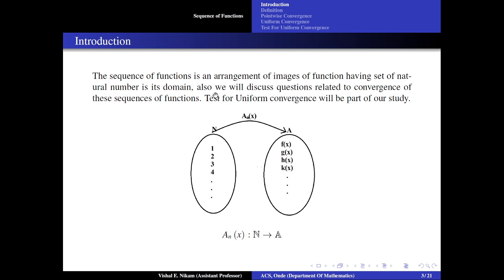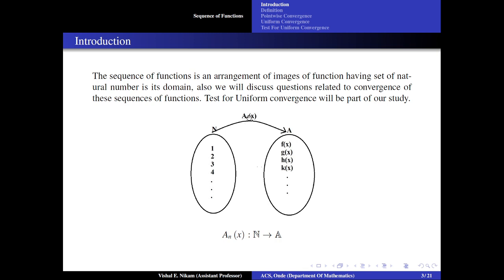The sequence of functions is an arrangement of images of a function having the set of natural numbers as its domain. What is its codomain? Let us see this figure. Here the function is defined as a_n of x. Here there are two variables, but we are defining it only on the set of natural numbers.